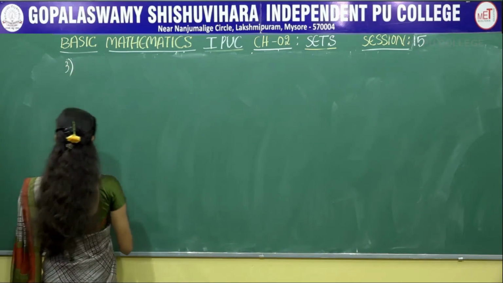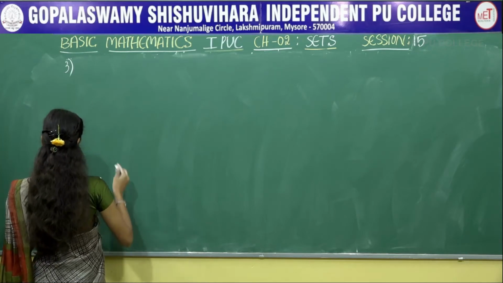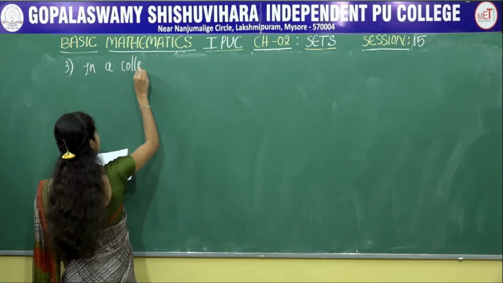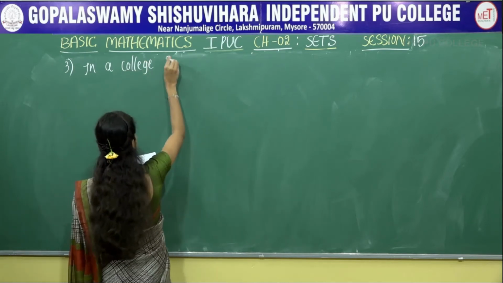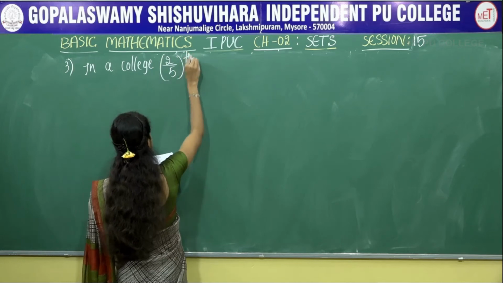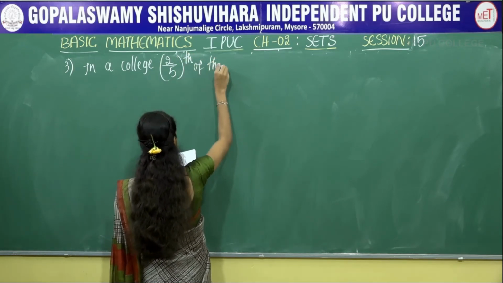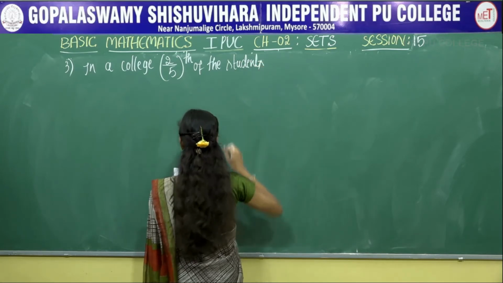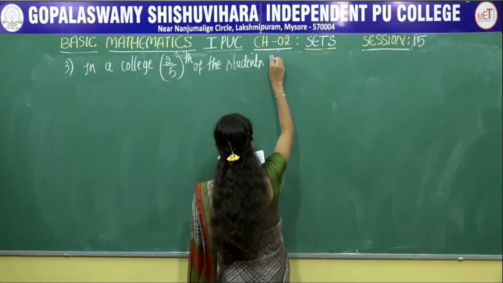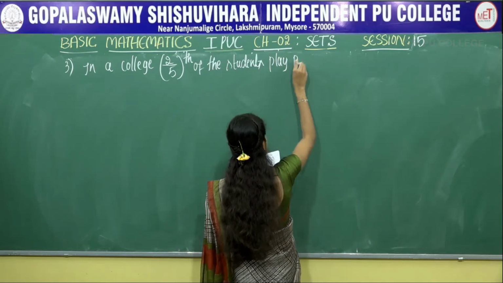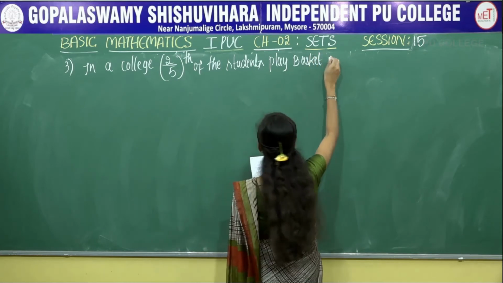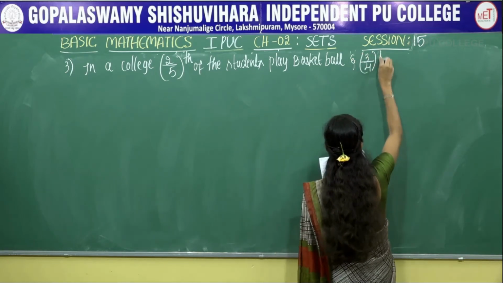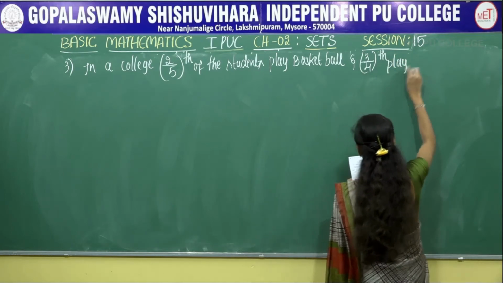Next question, third one. In a college, 2 by 5th of the students play basketball and 3 by 4th play volleyball.